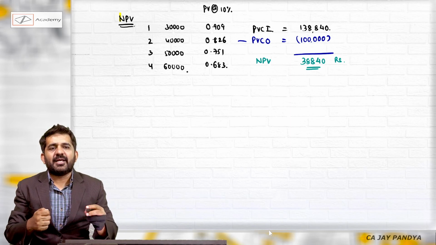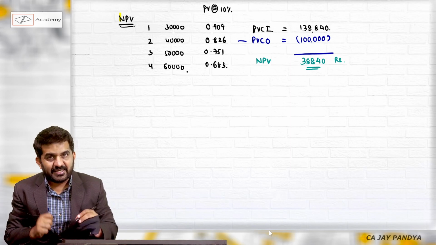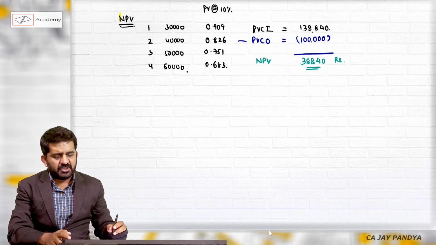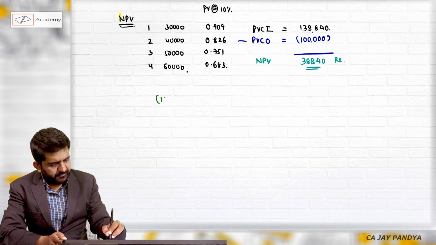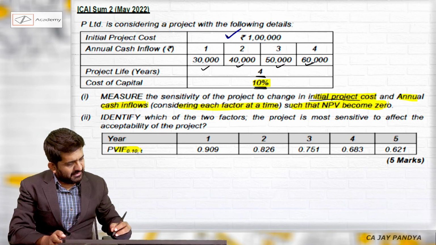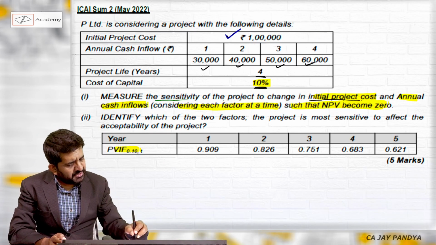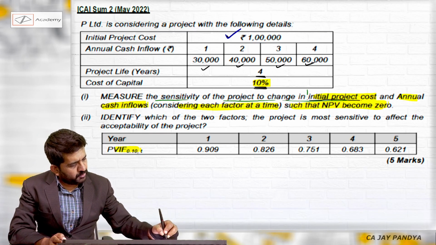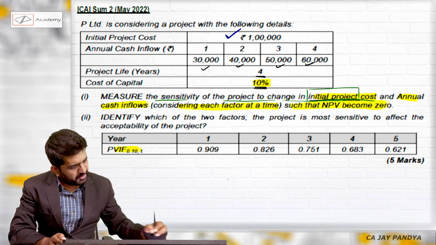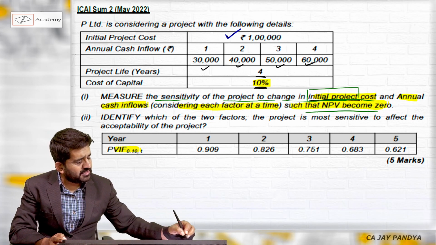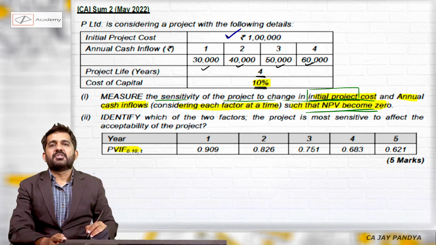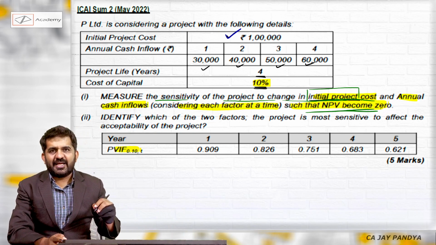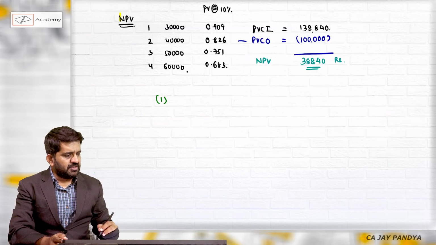And we decide which factor is most sensitive. But here the question is somewhat different. First, they are telling us to measure the sensitivity of the project to the change in initial project cost such that the NPV becomes 0.